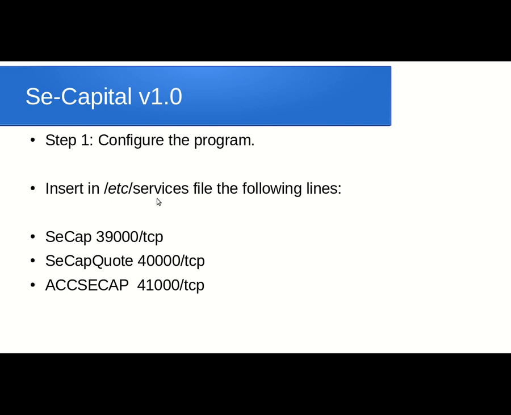This file will have the numbers and names of all the sockets, so it's important to add this. If we don't add them, then the servers won't start. It is important to mention that this software uses a client-server model. And in fact, we have 3 servers that work in order to provide information to the client.